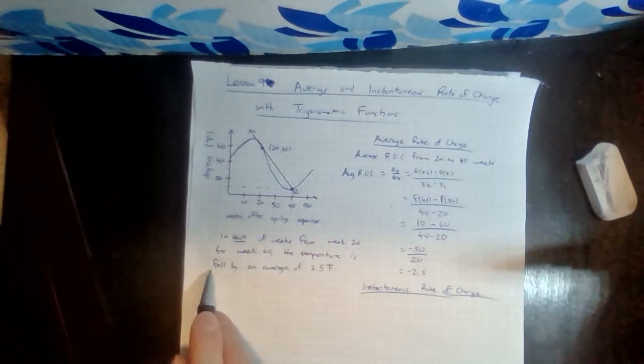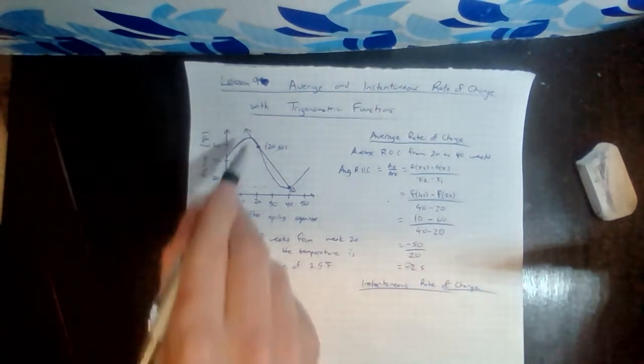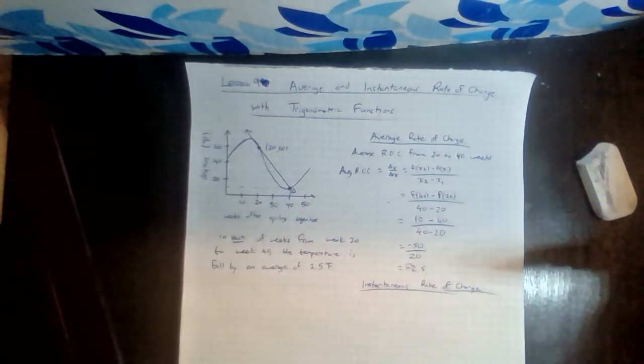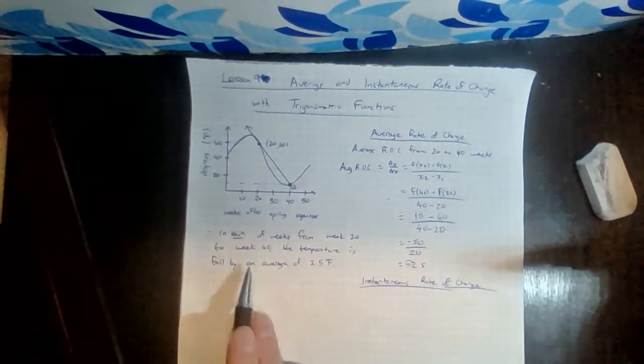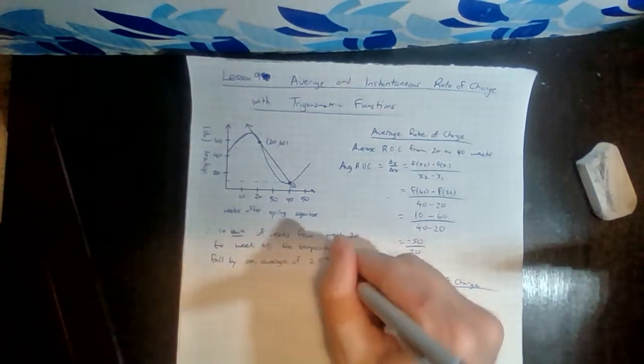We know the temperature is falling because the slope is negative. Our average rate of change for those 20 weeks, we're decreasing in temperature. We get a negative average rate of change, so our temperature is falling by that average of 2.5 degrees Fahrenheit every week.